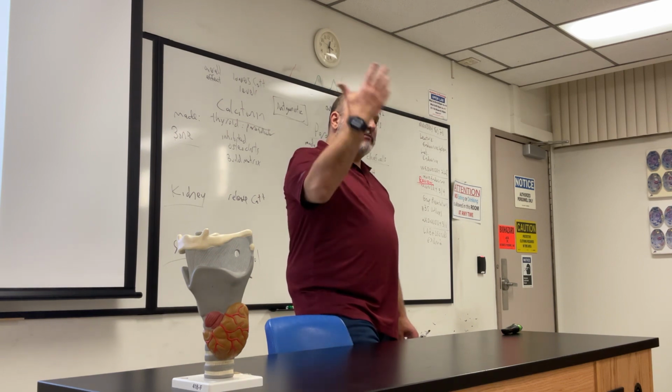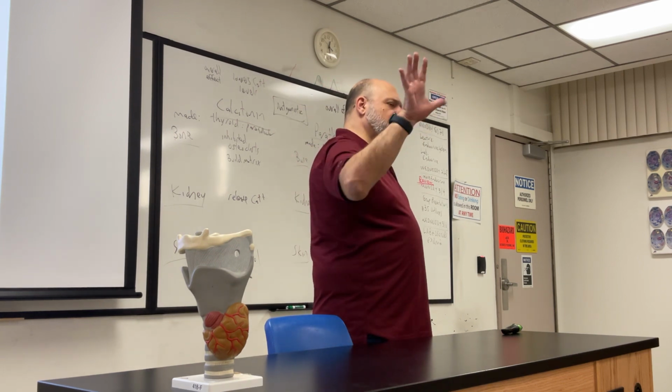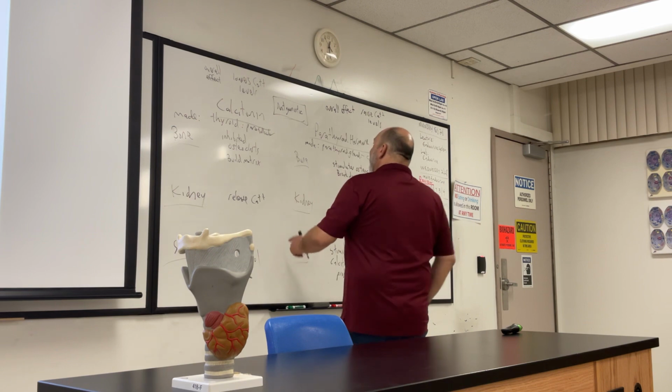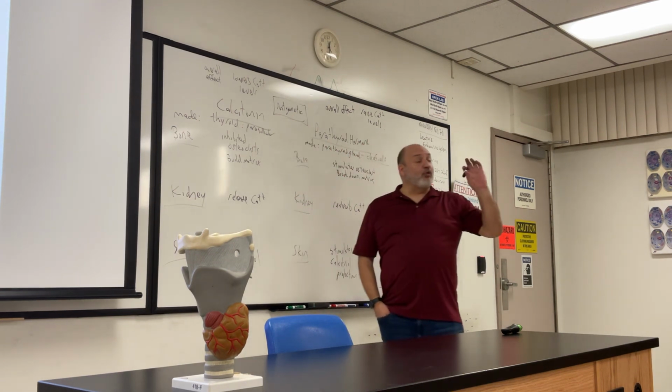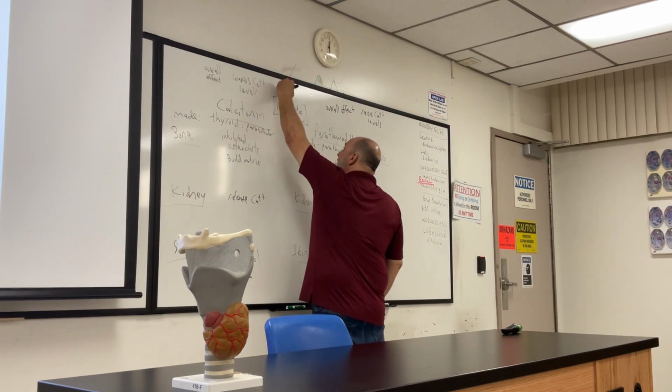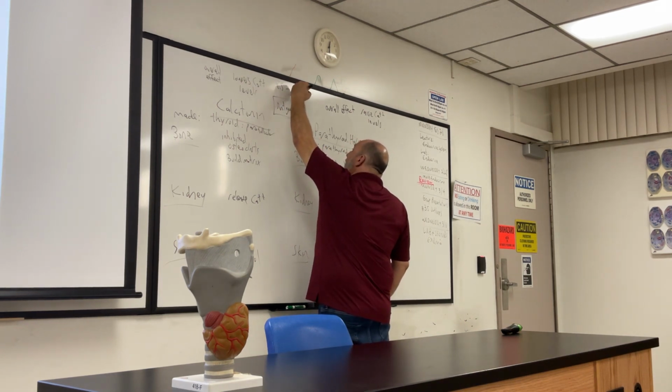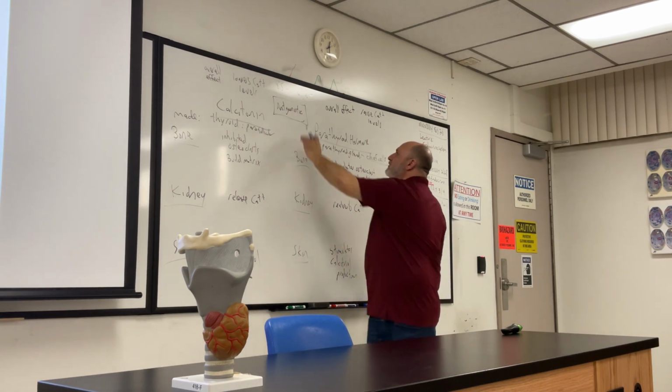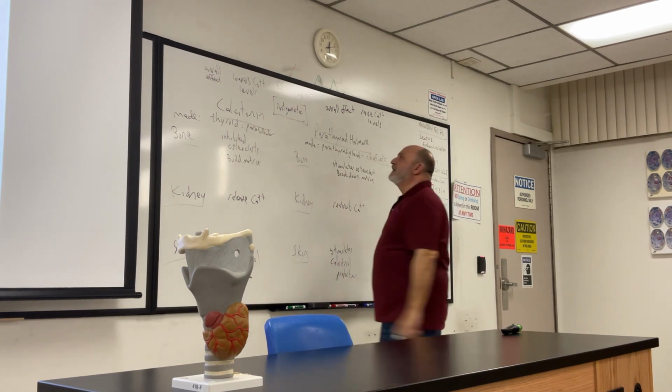Right? You know I'm not a huge number guy, and you don't need to memorize these numbers. But basically, the normal range of calcium in our blood is 8.5 to 11 micrograms per deciliter, something like that.